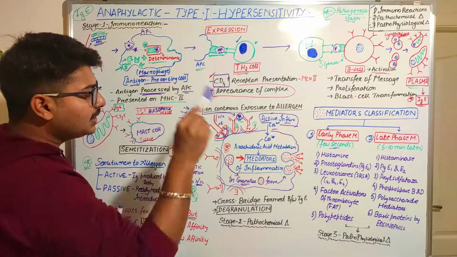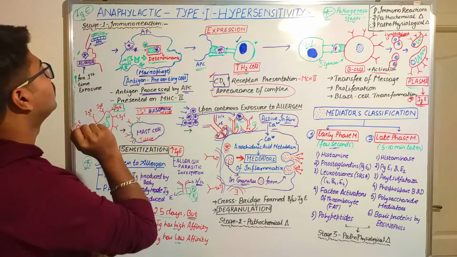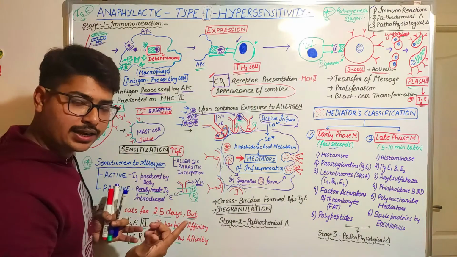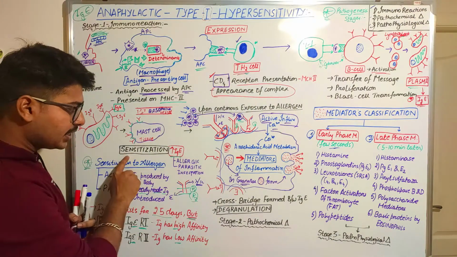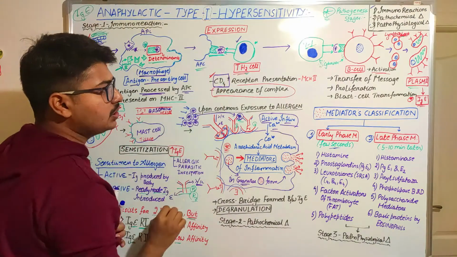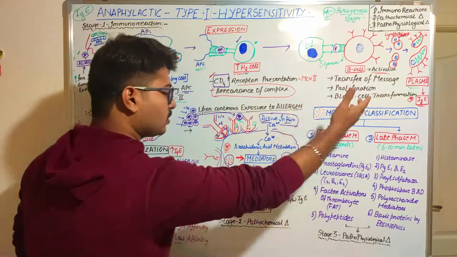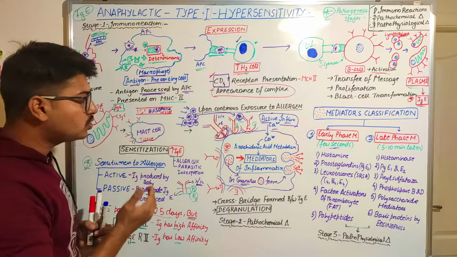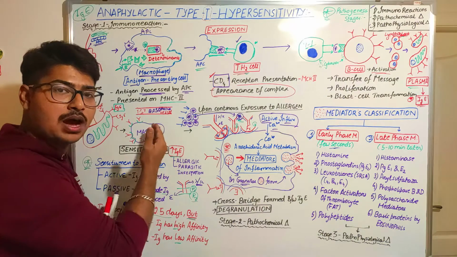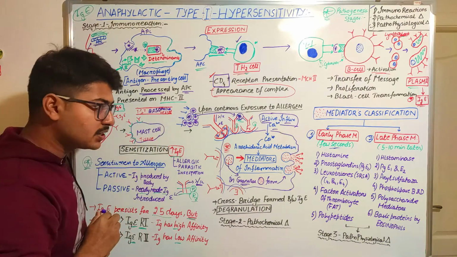Okay, so in total we learned stage 1, the immunoreactions, how the immune cells react. Then comes the sensitization, along with the expression and the blast cell transformation. The antibodies are produced, and after the antibodies, sensitization of the mast cells and basophils takes place.